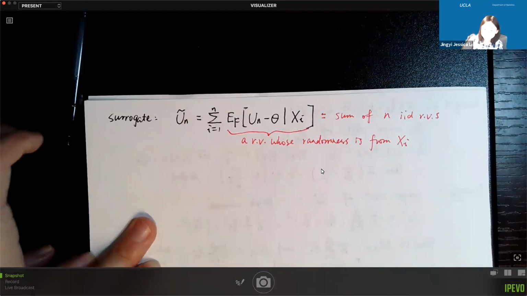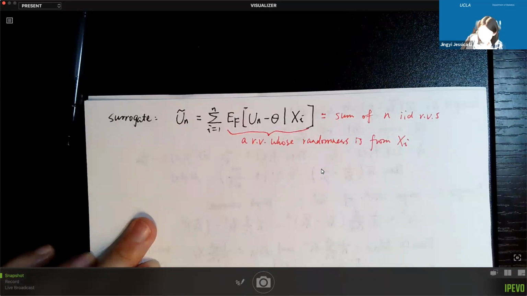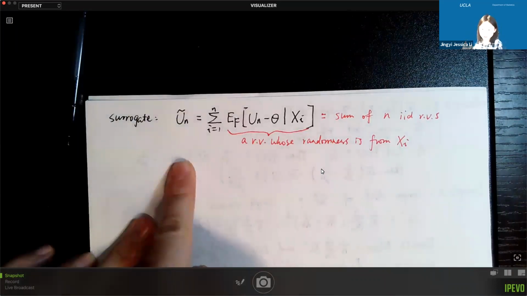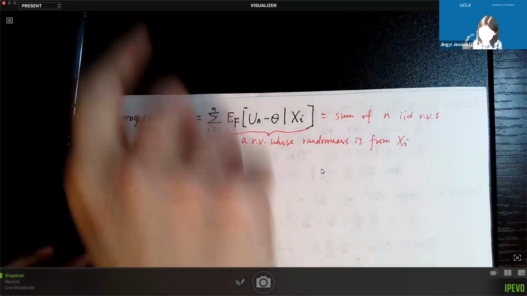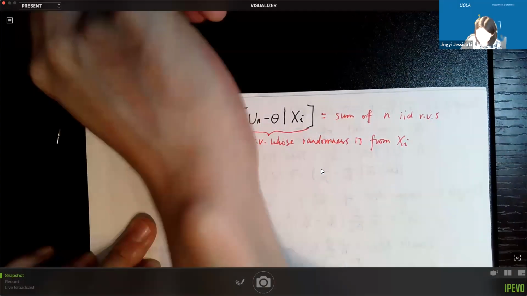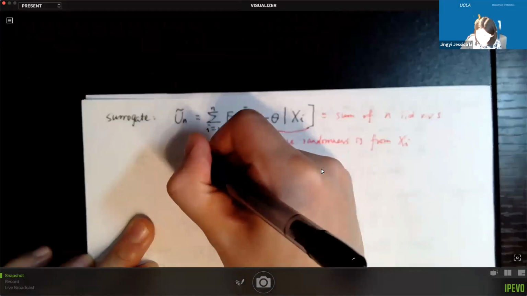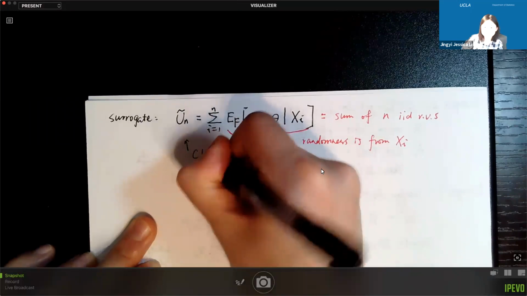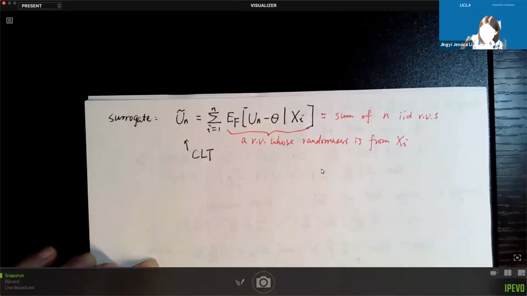That's why for this thing we can apply the central limit theorem. And we will use this central limit theorem to finally obtain the central limit theorem for U_N, and we'll see.